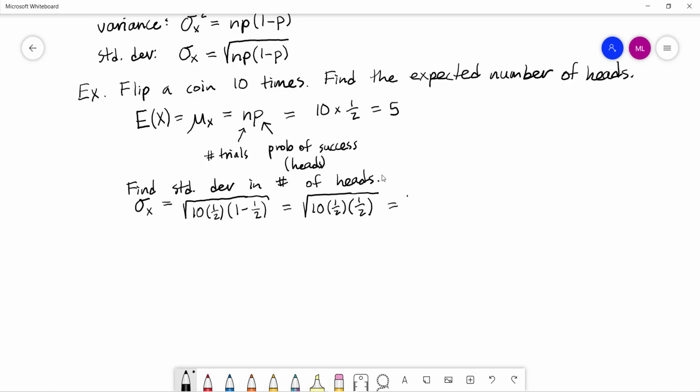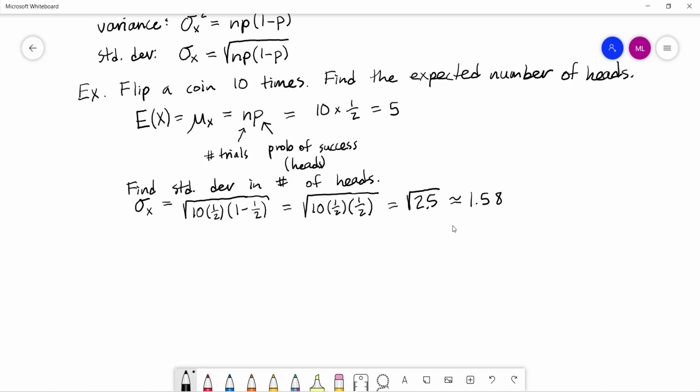A fourth of 10 is 2.5. So this is the square root of 2.5. Let me do that on the calculator real quickly. Second square root, 2.5. I get 1.58-ish. So there's my answer, about 1.5.